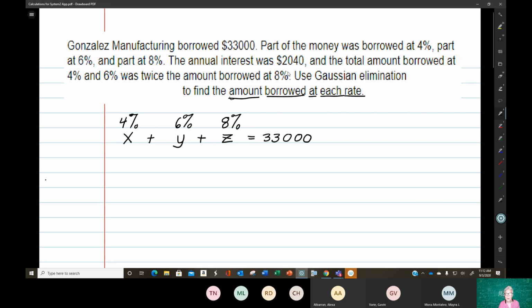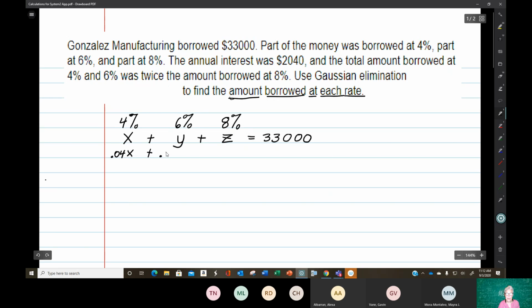And the total annual interest that was paid for this money, because when you borrow money, you have to pay interest, you make payments on it, was $2,040. That means the amount of interest Gonzalez Manufacturing had to pay on the X dollars was 4% of the X dollars.